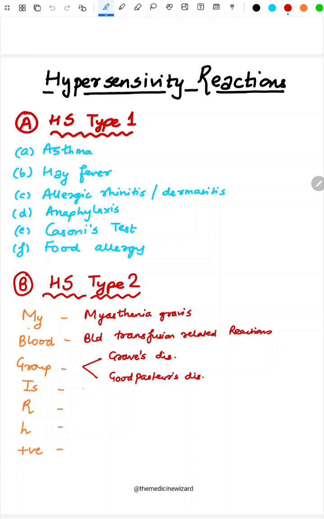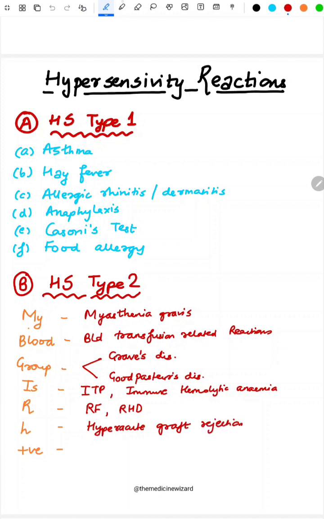I for immune thrombocytopenia, ITP, and immune hemolytic anemia. Okay, R for rheumatic fever and rheumatic heart disease. H for hyperacute, please note here it is hyperacute graft rejection.